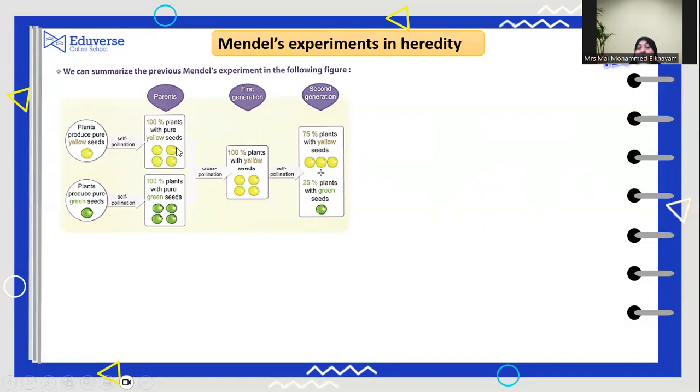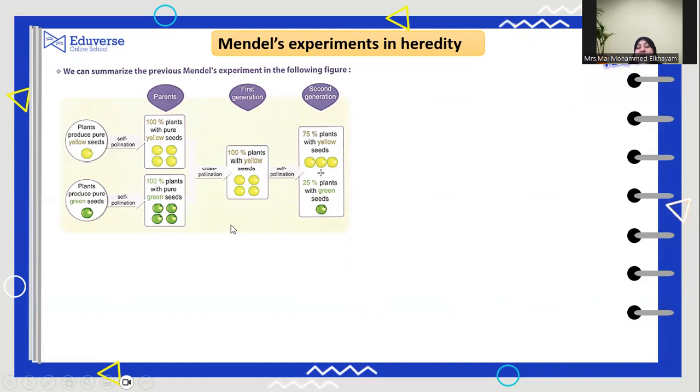Before cross-pollinating them, after seeding them, or putting them in the soil to form plants, he removed the stamens of one of them. Why? When I remove the stamens, for sure, no self-pollination will happen. Then he took some pollen grains from the other plant to this plant, just to make cross-pollination.